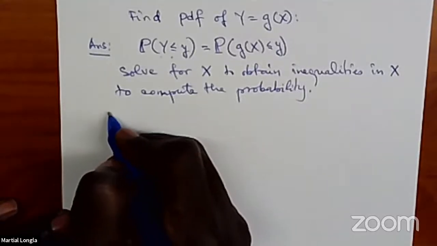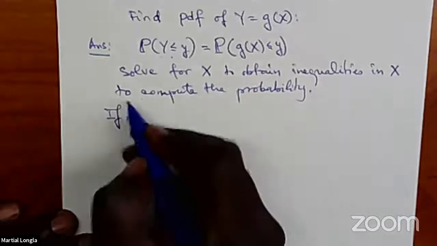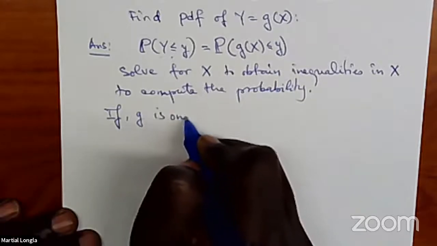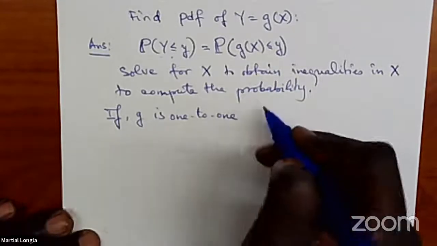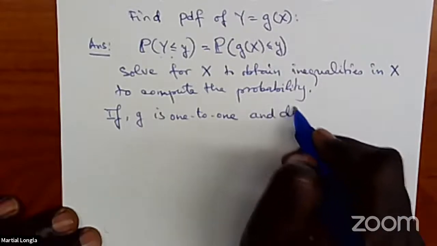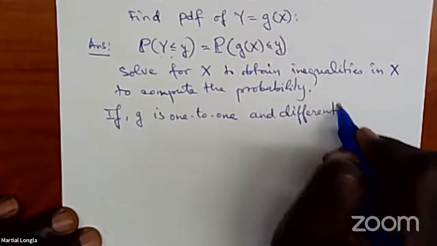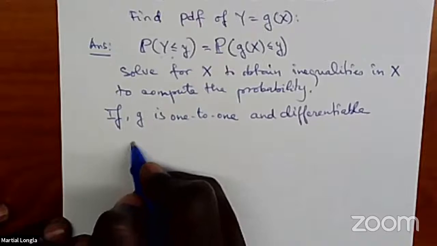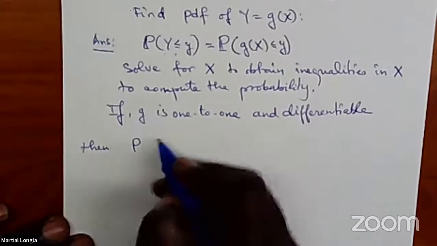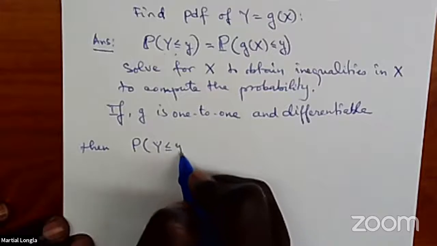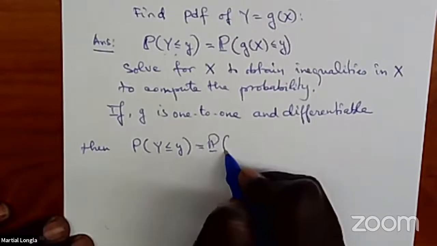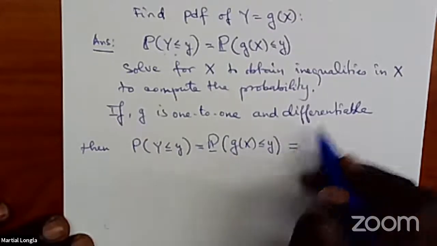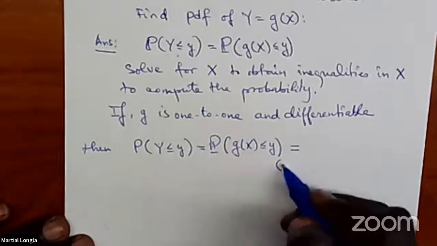But if we do have that the function g is 1-to-1 and differentiable, then you would have that the probability that Y is less than or equal to y is equal to probability that g of x is less than or equal to little y, and here I'm assuming that it's 1-to-1 and increasing.